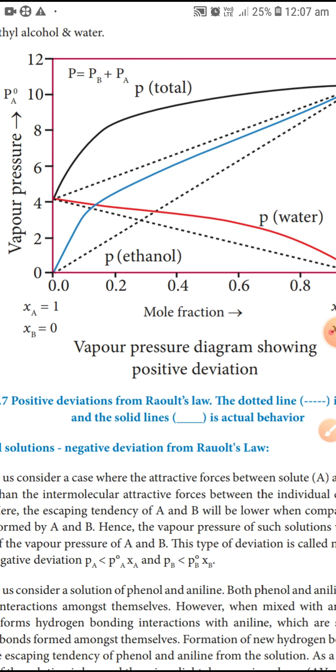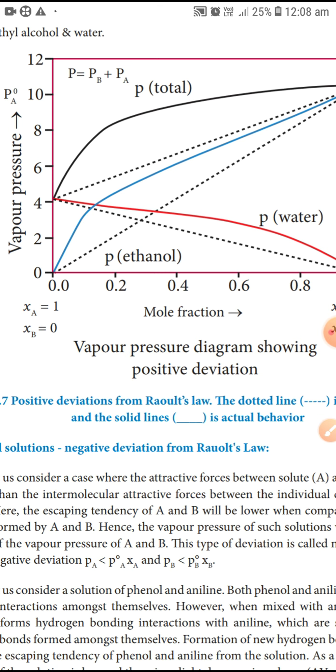So there is a slight decrease in volume, del V less than 0 on mixing. During this process, evolution of heat takes place, so del H less than 0, exothermic.